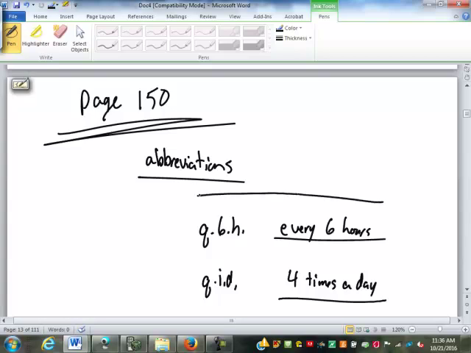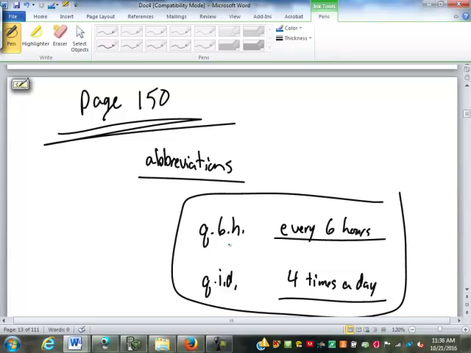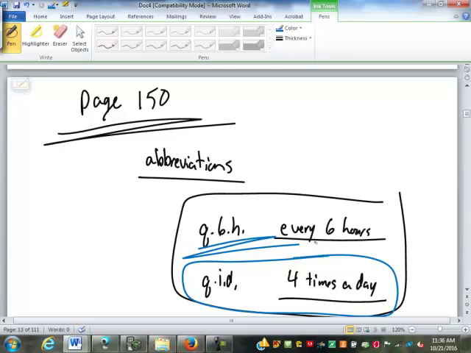Also, being familiar with this might avoid confusion if you see it printed as Q6H and you are told, hey, do it 4 times a day. You have to be able to identify that that is the same thing. Every 6 hours and 4 times a day are the same frequency.